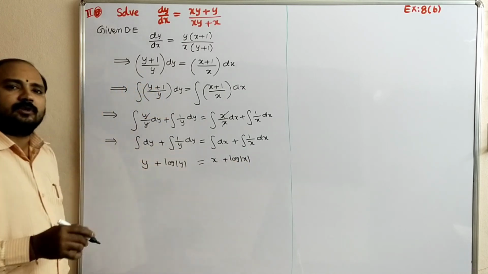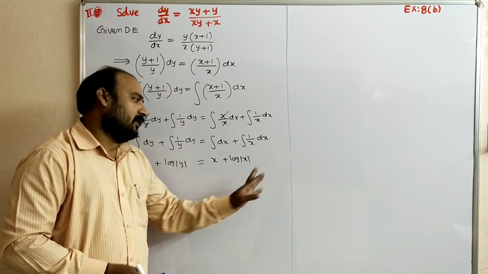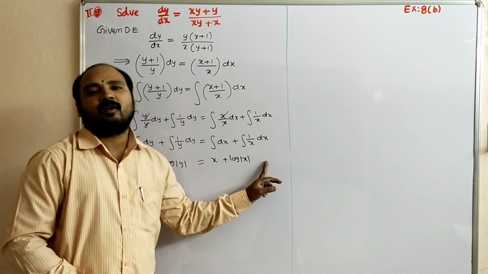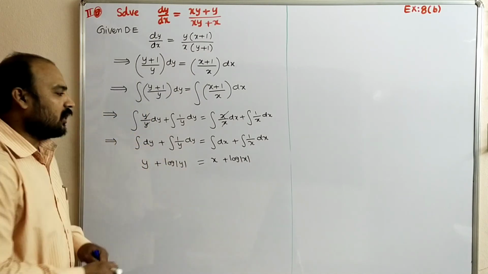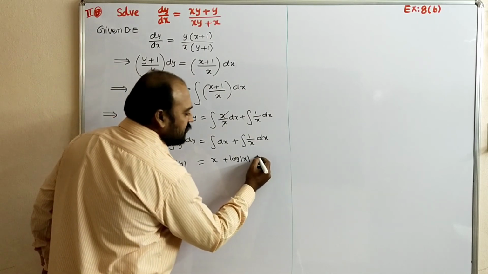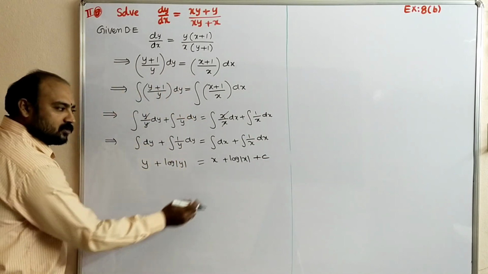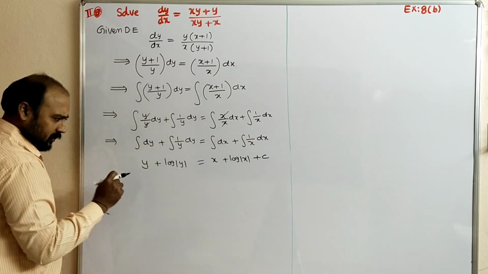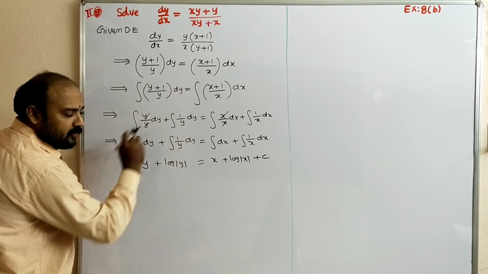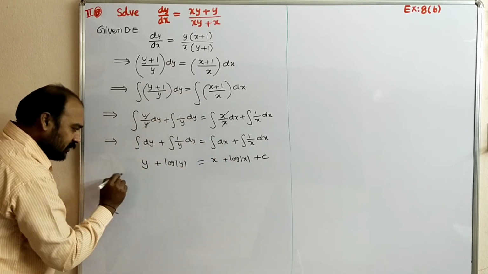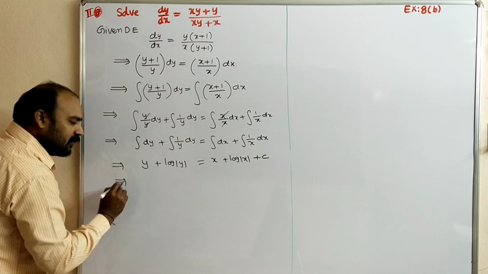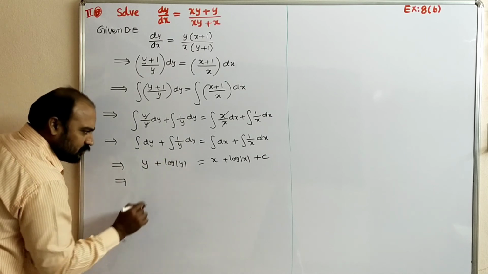Here, that is your wish, either it is plus c or log c, you can take it. Here I am writing simply c. So, y we can take this side, log x we can take this side. Bringing the two log functions to one side is better.